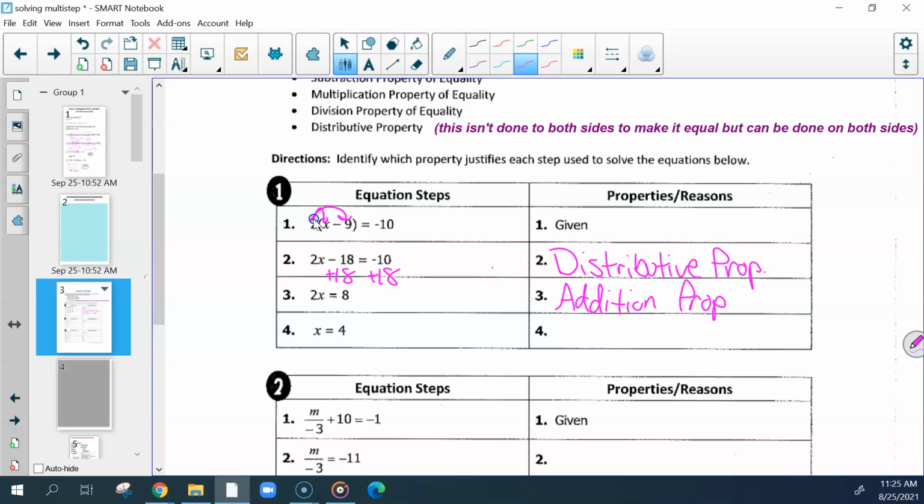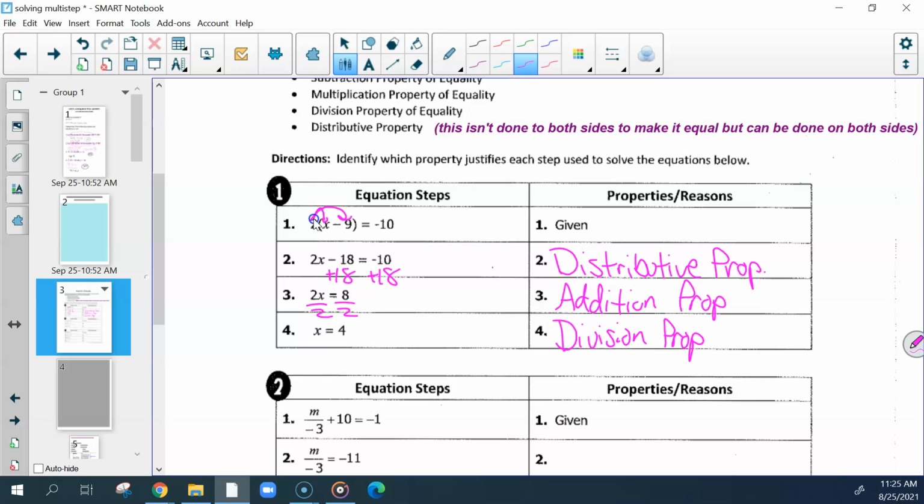And then from step 3 to step 4, division. And what did they divide? They divided both sides by 2. So this just helps you see what they did going from each step.